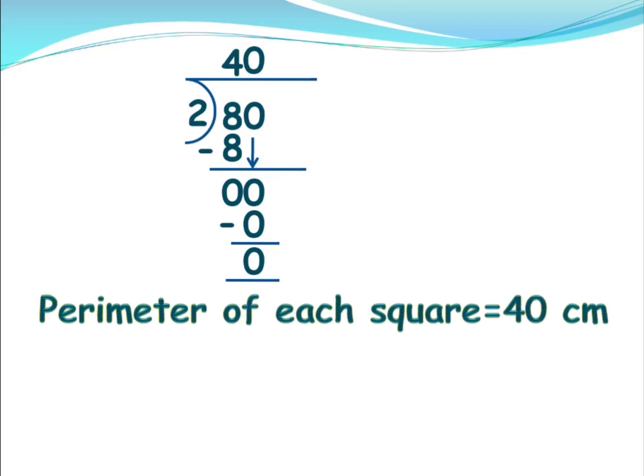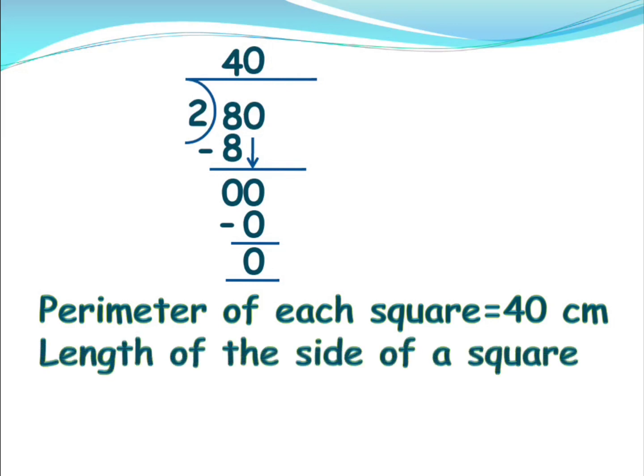Now we need to find the side of the square. So side of a square will be equal to perimeter of the square divided by 4. Length of the side is 40 divided by 4. Because 4 sides, we need to add 4 equal sides, isn't it, children? That's why it is divided by 4. Now we have to do the division again. 4 becomes your divisor, 40 becomes your dividend.